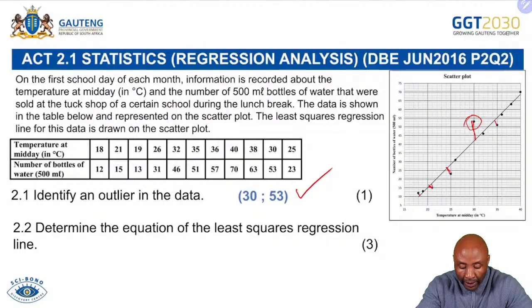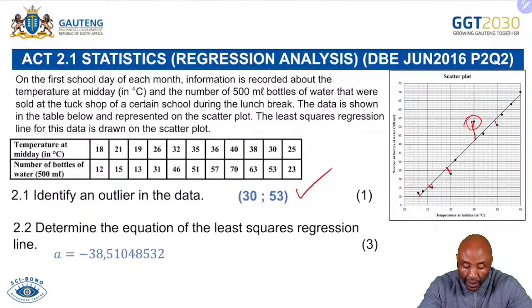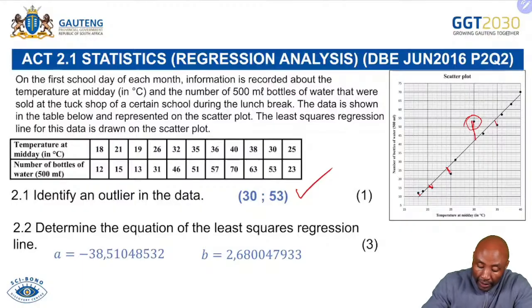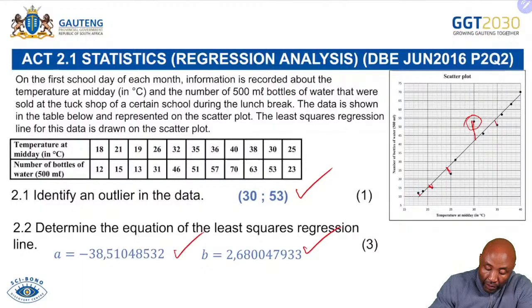We have to determine the equation of the least squares regression line. Remember, we are using our calculators. We should get the value of A, and we found our value of A as negative 38,51 and our value of B as 2,68.